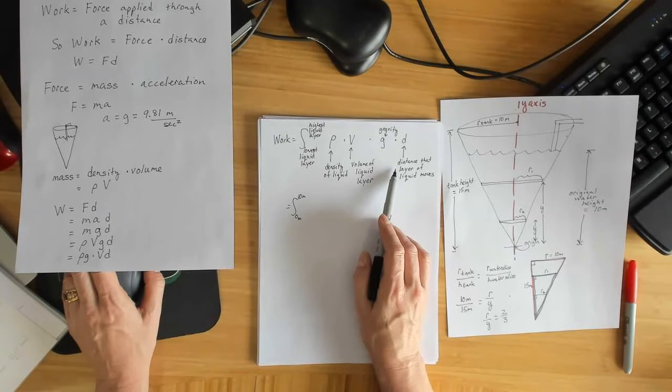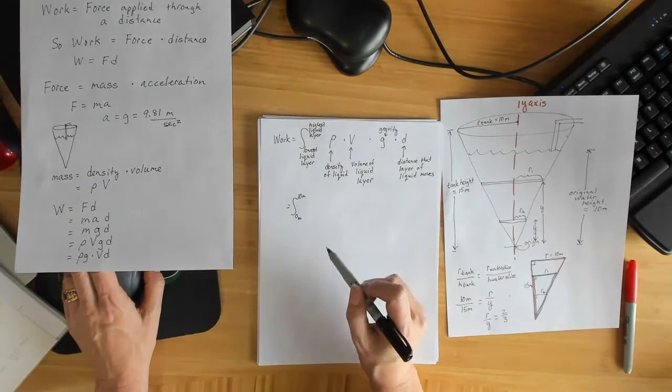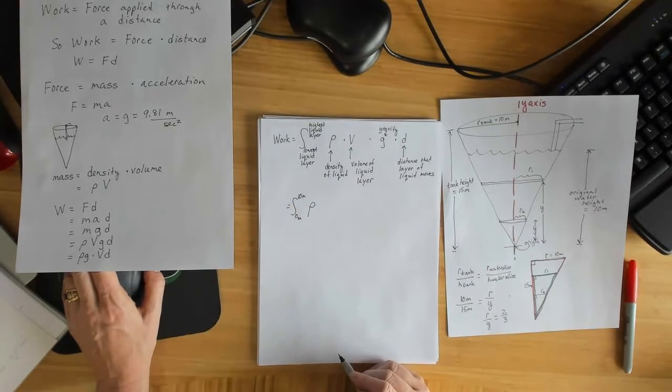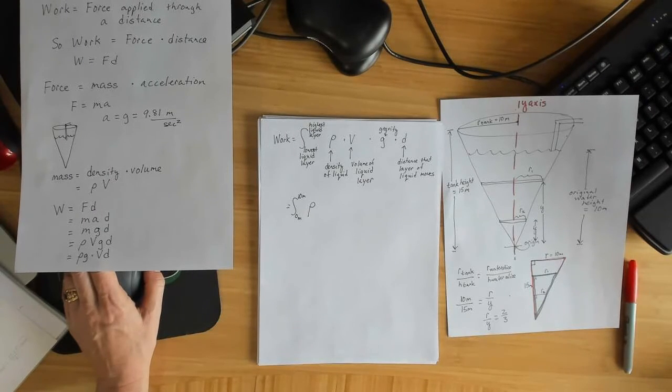Now, in order to do that, let's think about what these are going to be. In my case, I'm moving water. Water has a density of 1,000 kilograms per cubic meter. It is a constant. It will never change. So because it will never change, I'm going to leave it as rho until I am done with the rest of my calculations, and in the very last step, I'll plug it in.